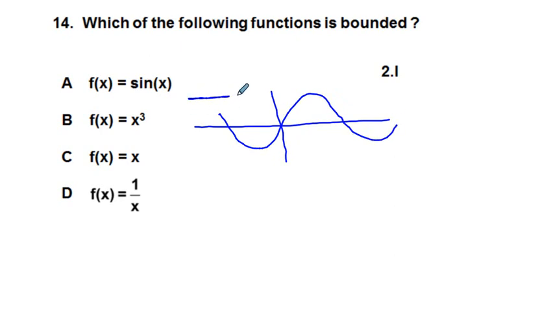So we have both an upper boundary and a lower boundary. And so when we're bounded both above and below, we just conclude to say just bounded. Okay, next.